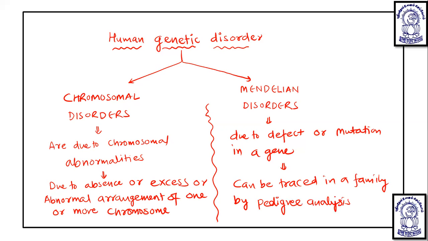So these are due to mutation in the gene, but if there is abnormal arrangement of one or more chromosomes, or absence or excess of chromosomes occurs, then it is known as a chromosomal disorder.